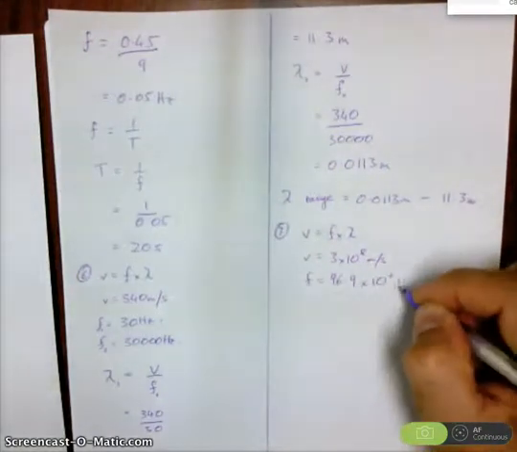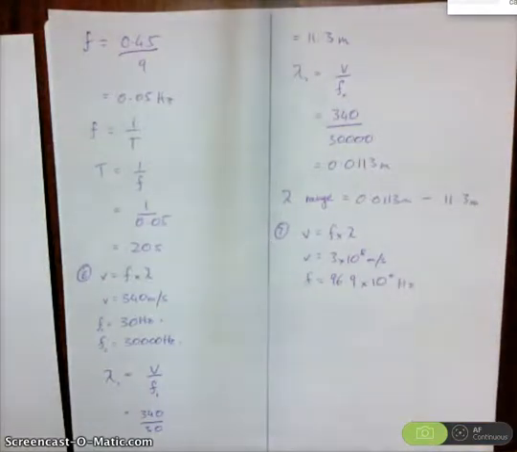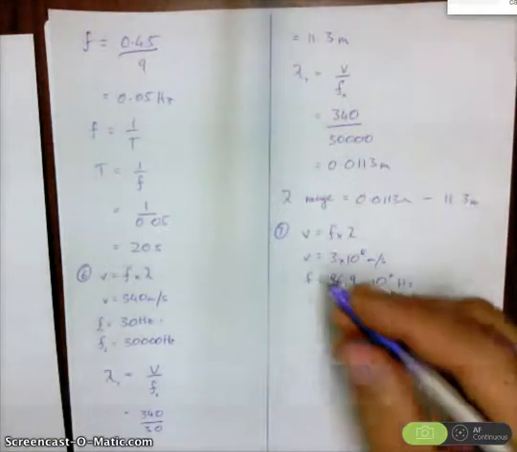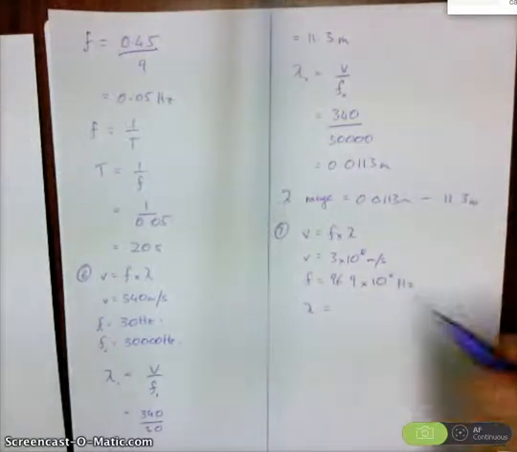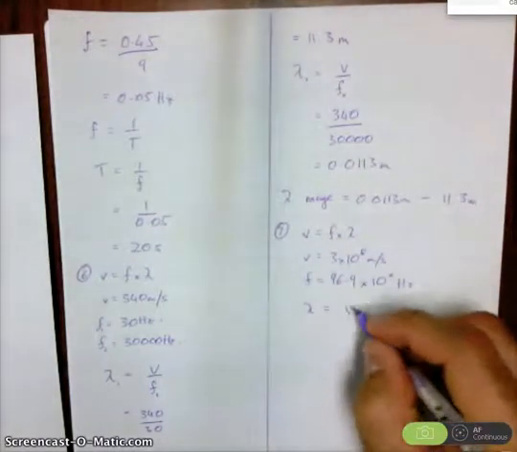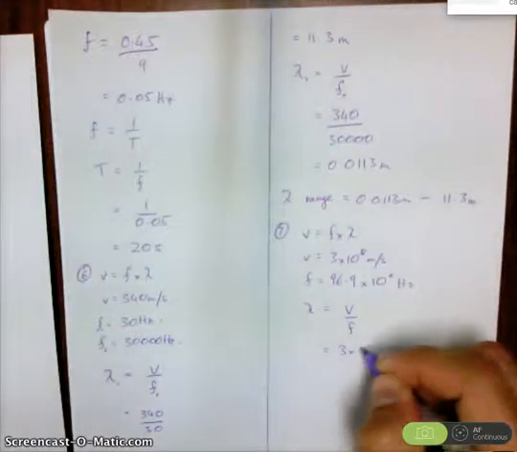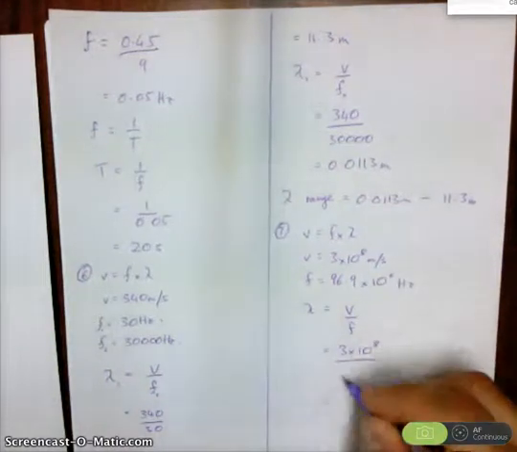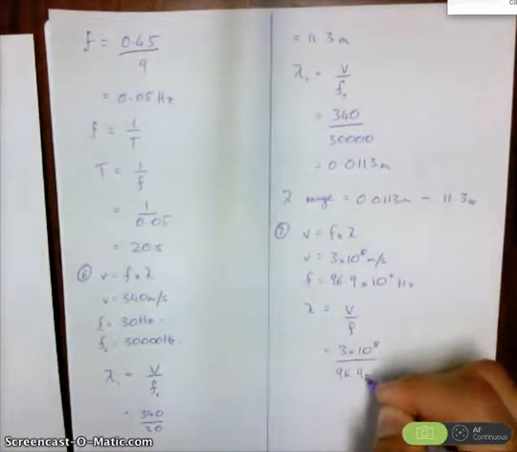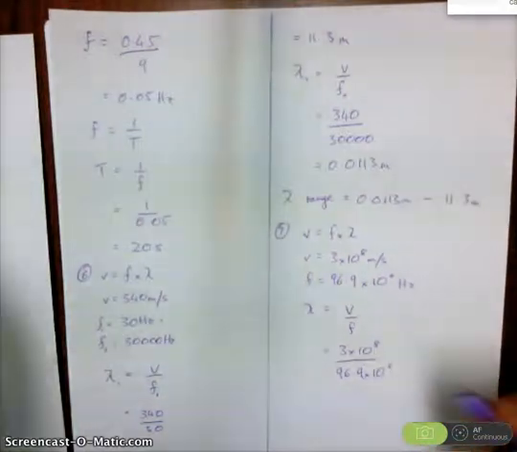Megahertz is times 10 to the 6. If the speed of the radio waves is the same as all electromagnetic radiation, what is its wavelength? So rearranging this equation here, wavelength equals velocity divided by frequency equals 3 times 10 to the 8, all divided by 96.9 times 10 to the 6 hertz.